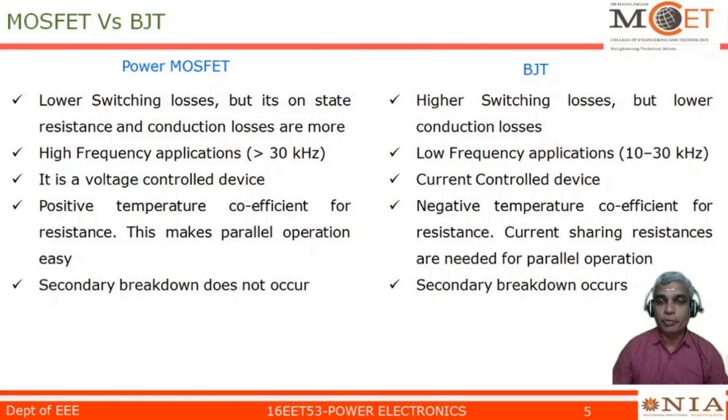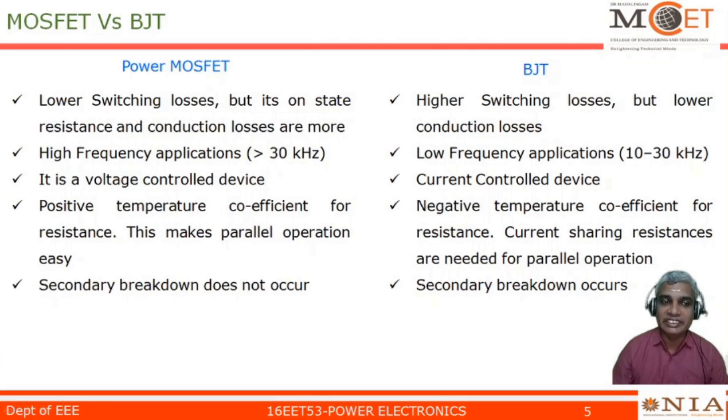Whereas in the case of BJT, there is a negative temperature coefficient for resistance, so this advantage is not there in the case of BJT. Hence, they require some sort of current sharing resistance when they are operated in parallel. Here in power MOSFET, there is no such requirement.